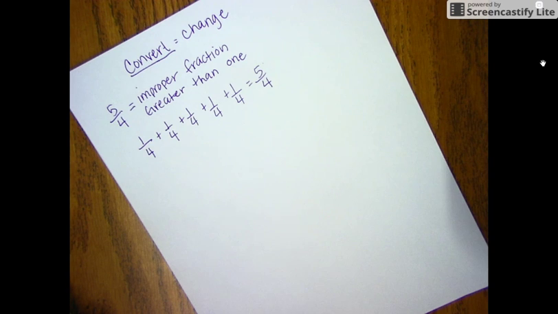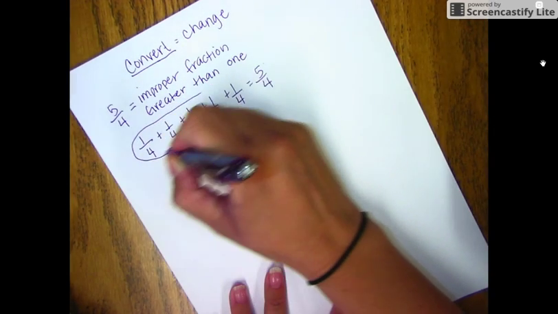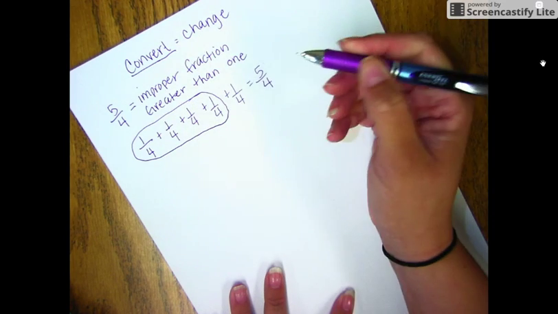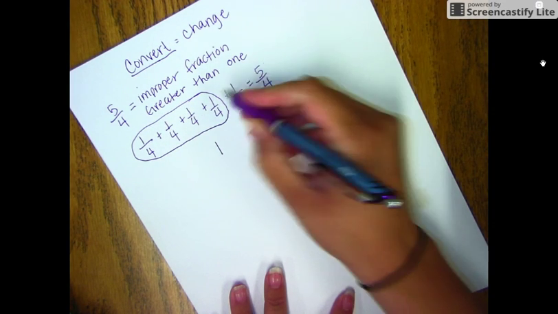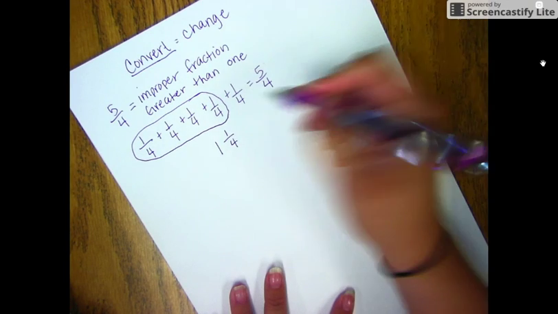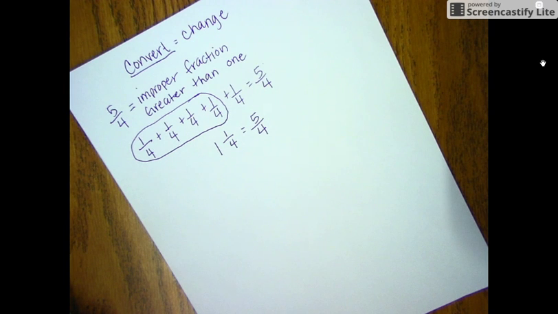If I look at my string of unit fractions, I know that it takes 4/4 to make a whole. So if I circle 4/4, that turns into 1 whole, and then I still have 1/4 left. So 5/4 is equivalent to 1 1/4.